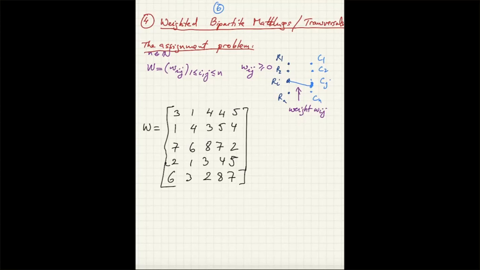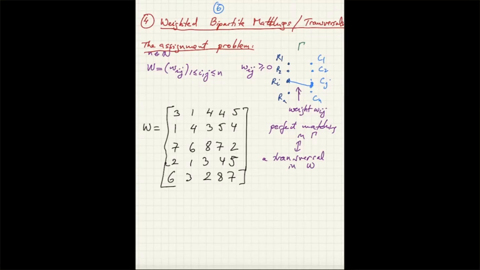What we want, as before, we have this correspondence between a perfect matching in this graph gamma, which I defined here, and a transversal in W. So what is a transversal in W?